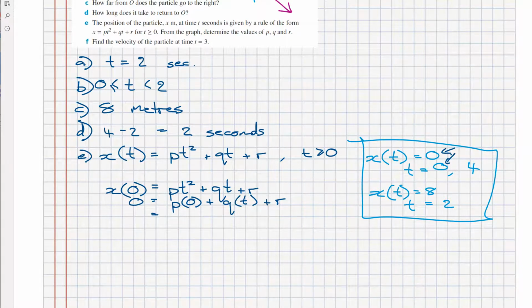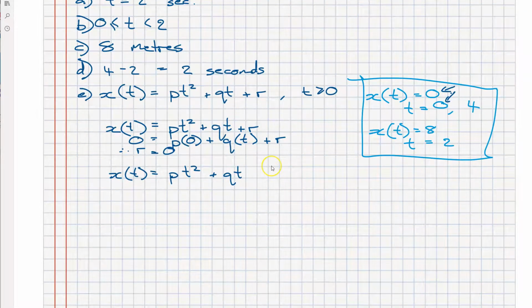The reason I chose this particular value is because by putting in these values, everything will get cancelled out except for the r, and the r would be revealed to be simply 0, which simplifies our equation down to x of t is going to simply be pt squared plus qt. So nothing to it really. In fact, it just makes it a little bit easier.